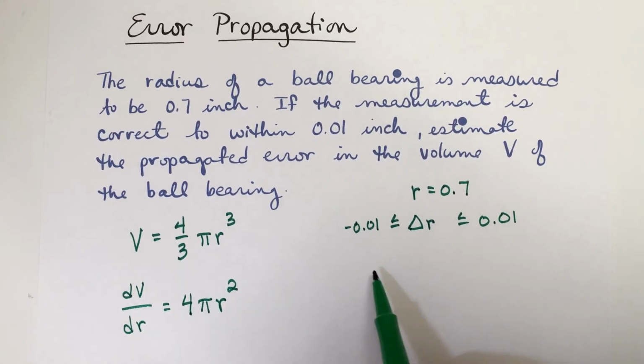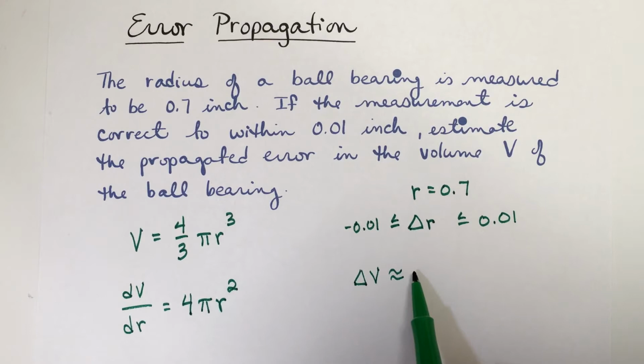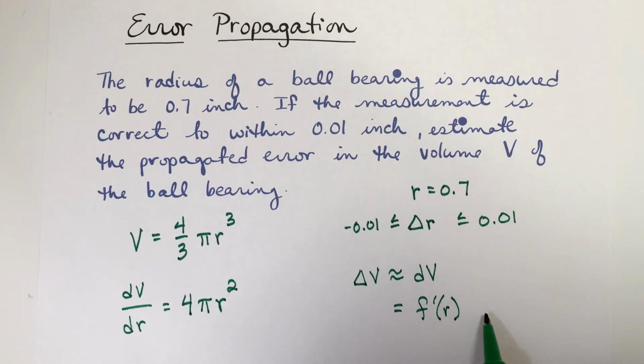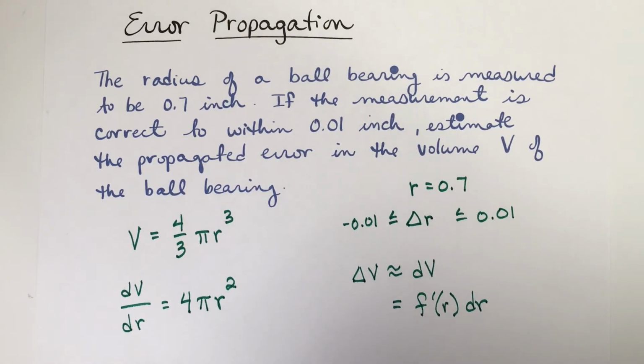Now to get your actual change of your volume, remember you can use the differential notation. Remember, this is an approximation of this, okay? So what we learned just a few minutes ago, to get this, you would do your derivative times dr, okay? That's exactly the same thing.